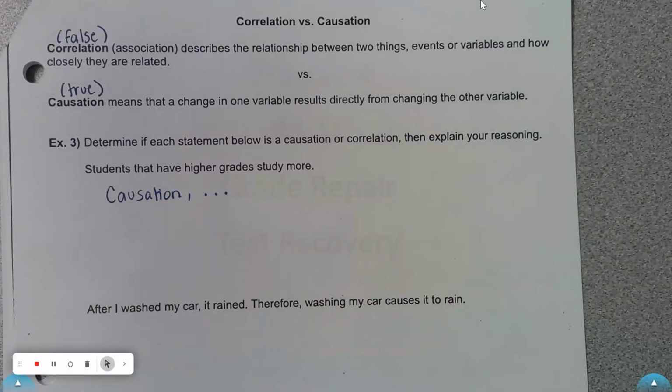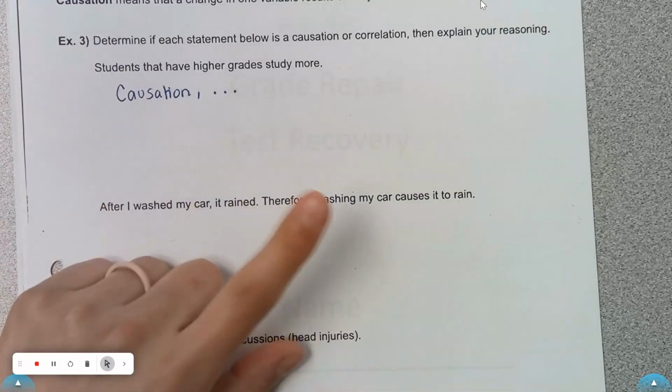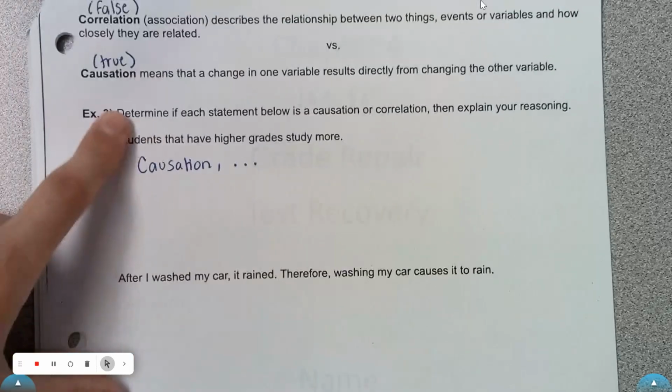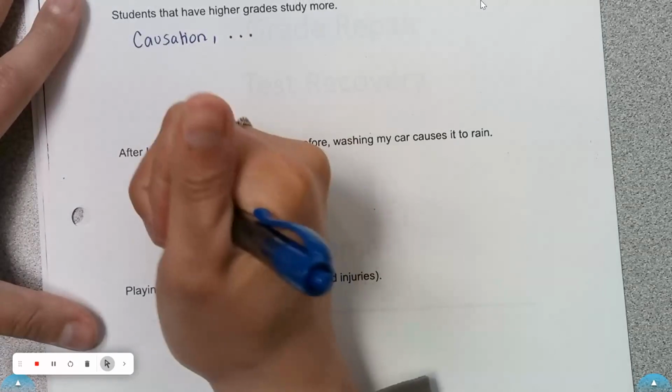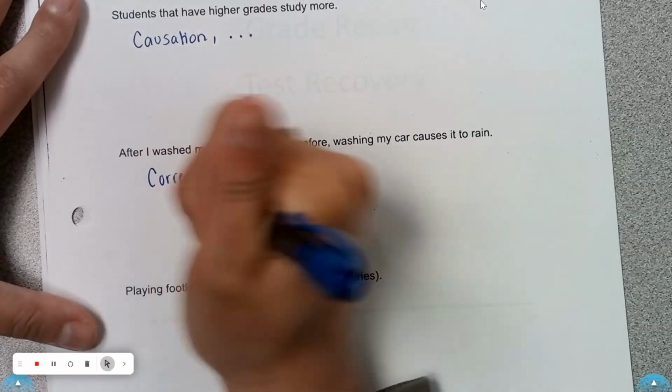Okay, let's try the second one. After I washed my car, it rained. Therefore, washing my car causes it to rain. If you think this is true, you write causation. If you think this is false, you write correlation. I personally think it's not true.